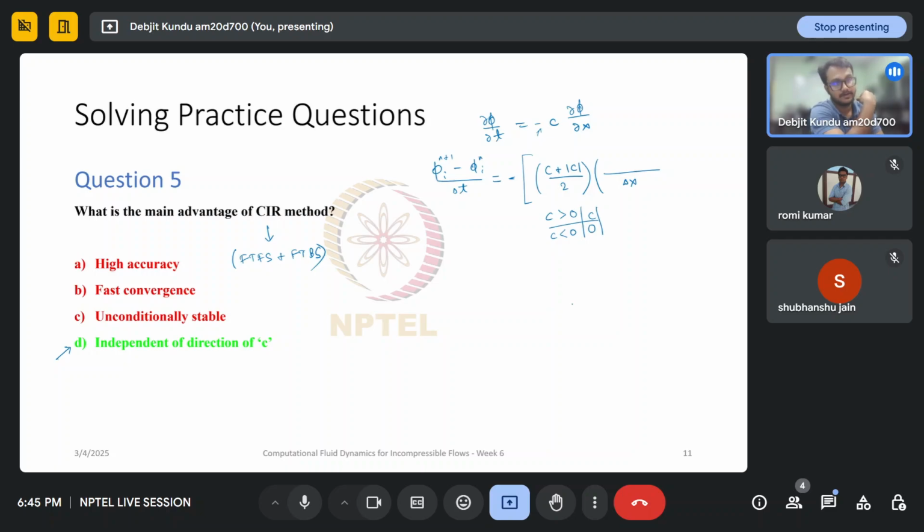So C being greater than 0 means from our idea of upwind scheme, which one should we use? Forward difference or backward difference? If C is greater than 0, backward difference. So we will use backward difference here. Good.